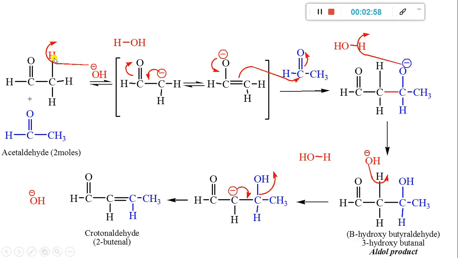This hydrogen is acidic, so OH minus will abstract the hydrogen without electron to produce a carbanion, which has a negative charge on the carbon.